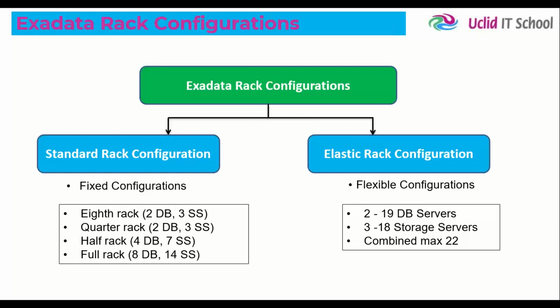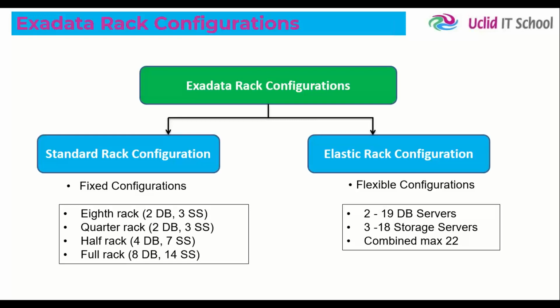However, in elastic rack, there are some minimum and maximum requirements per rack. Per rack you can have minimum 2 database servers, maximum 19 database servers. Similarly, minimum 3 storage servers, maximum 18 storage servers. Combined in a rack, you can have a maximum of 22 servers. 22 servers is the maximum limit per rack.